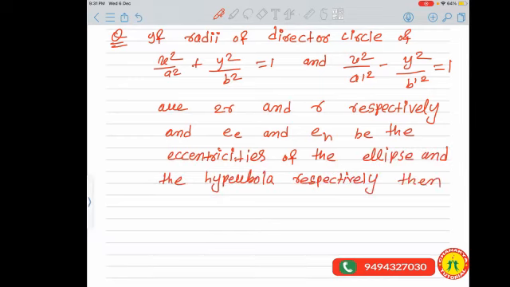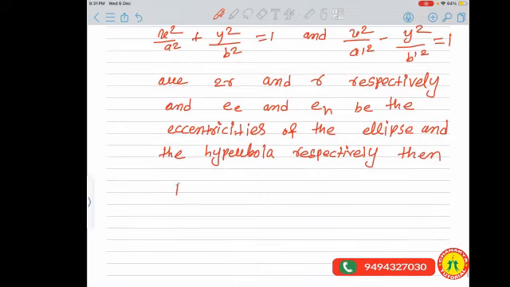Then आपसे पूछा गया है 4e square, 4e means eccentricity of ellipse square minus eccentricity of hyperbola square is equal to what?